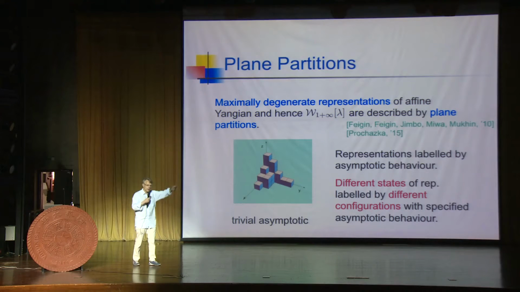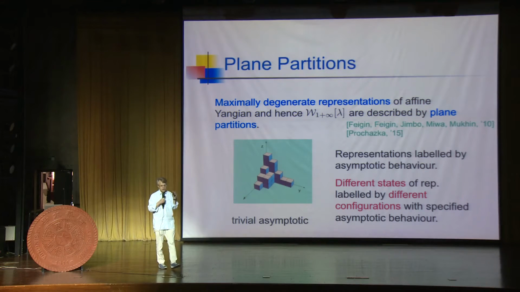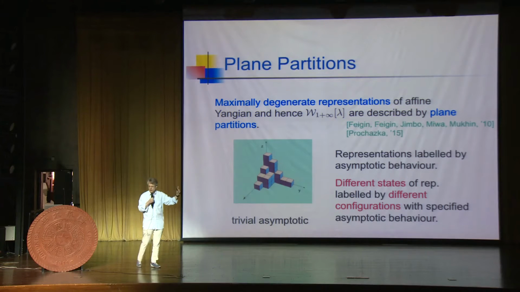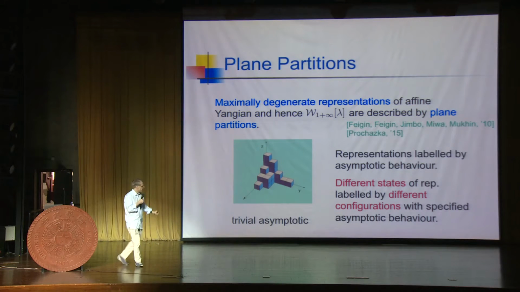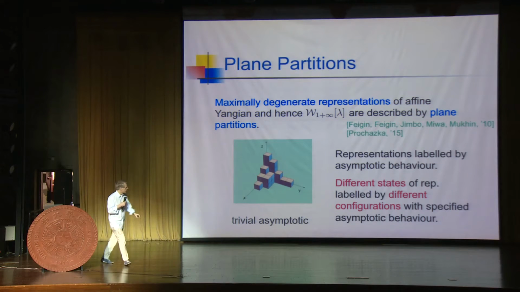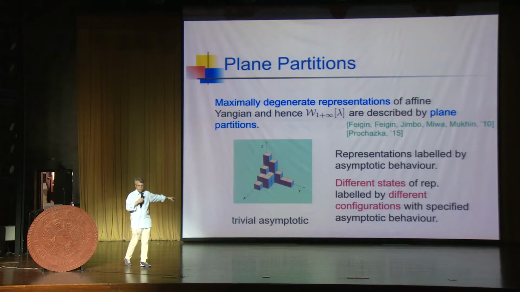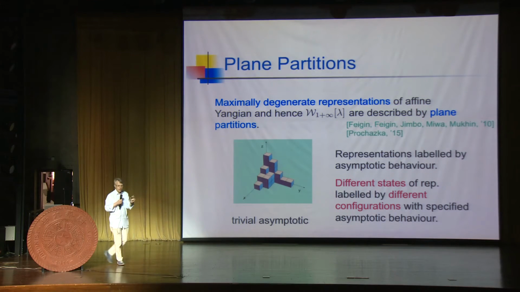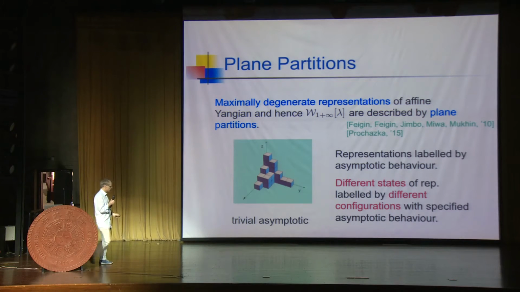So you fix the asymptotics, and then you draw all the plane partitions that are compatible with these asymptotics, and then each such configuration corresponds to one state of your corresponding representation. And the L0 eigenvalue, the power of q, is just the number of boxes. You can see very nicely that that's a representation of the affine Yangian, because the E generator basically adds a box, the F generator subtracts a box, and the Psi generator acts diagonally.